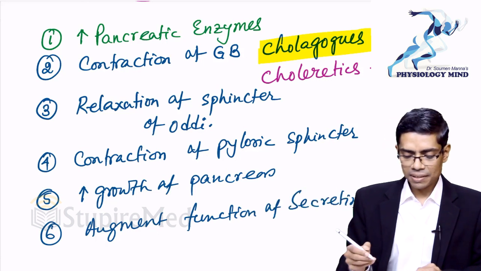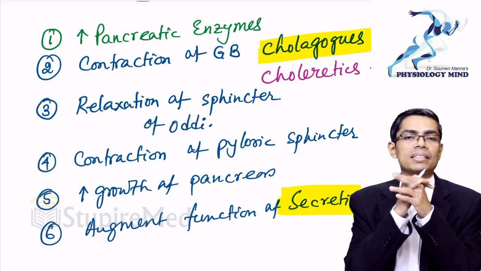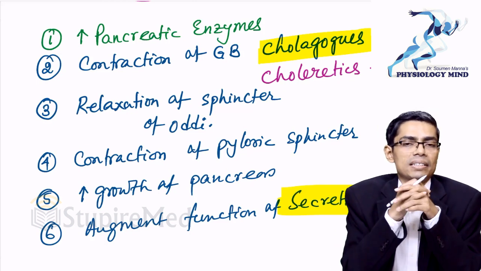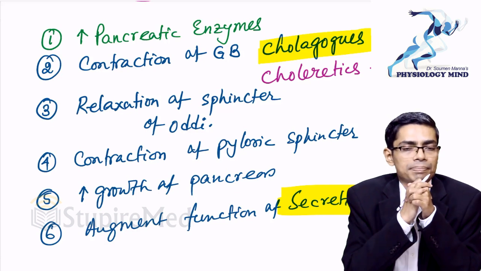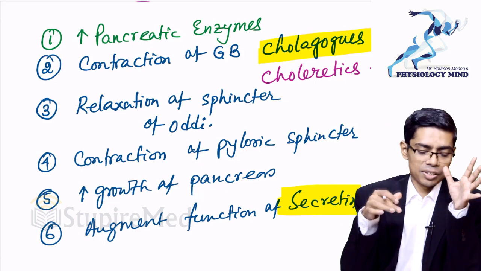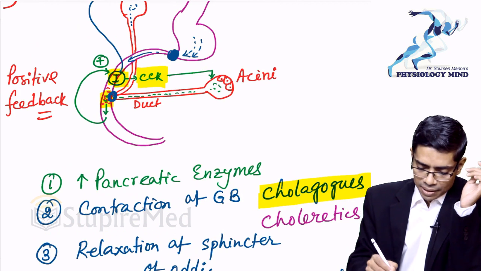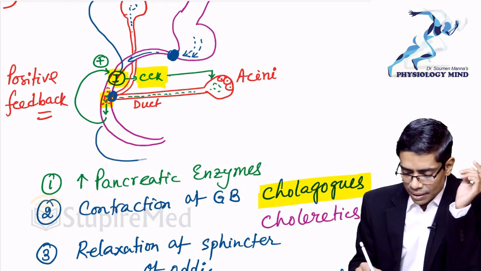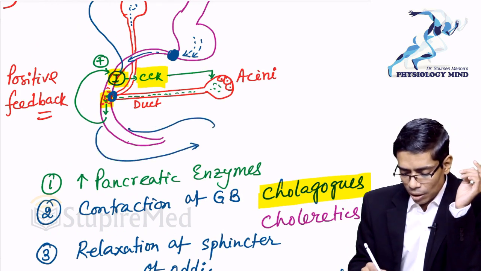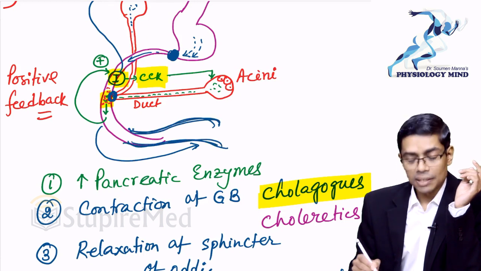Okay, so basically CCK and secretin, they are like friends. They augment each other's action. CCK augments the action of secretin and vice versa, right? So these are all functions of CCK. Last function, not the least, we have discussed that function already. CCK increases the movement of the part of the GIT, okay, movement of the intestine, I should say.